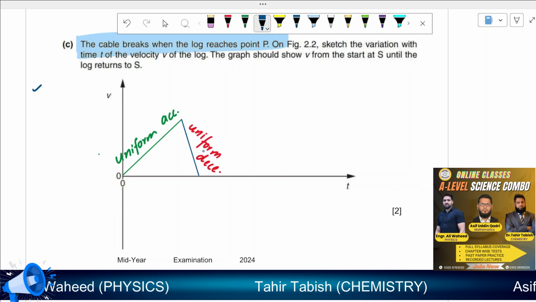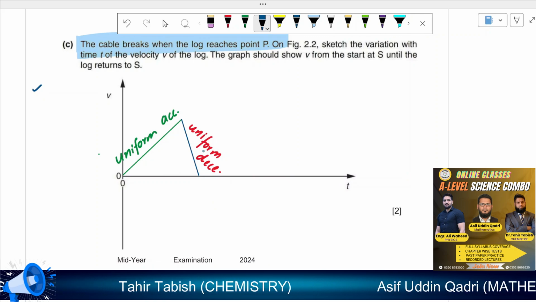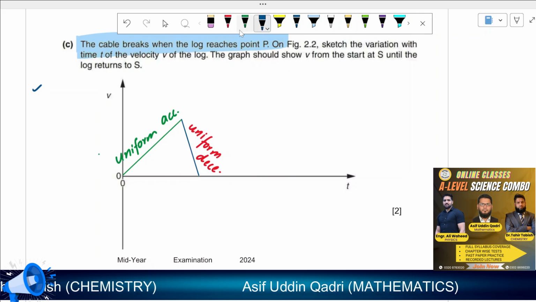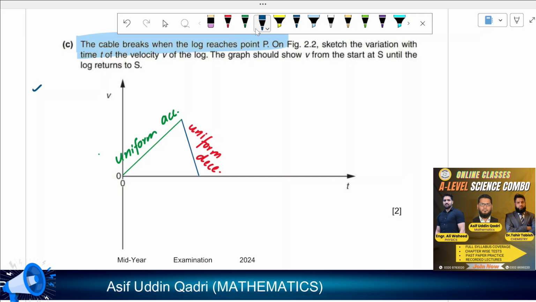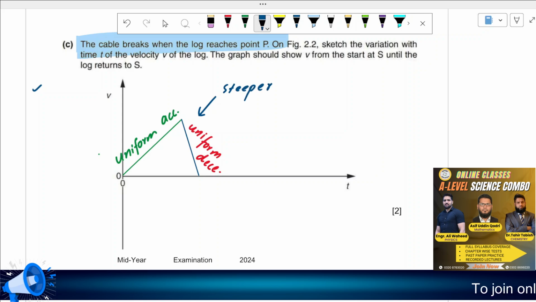So the magnitude of the deceleration is greater than the magnitude of acceleration. Hence, the line of the deceleration would be steeper. This one would be steeper because the magnitude of deceleration is greater than the magnitude of acceleration.